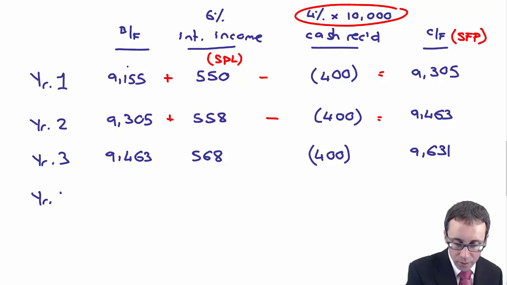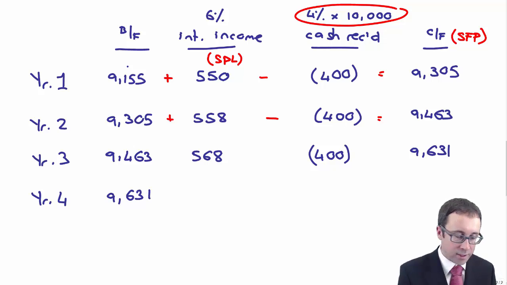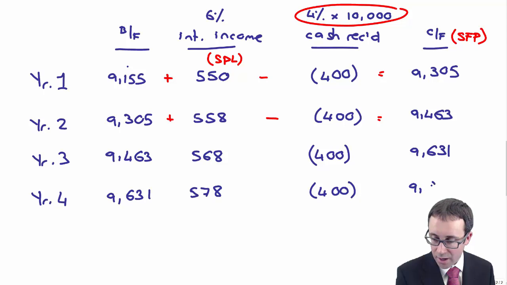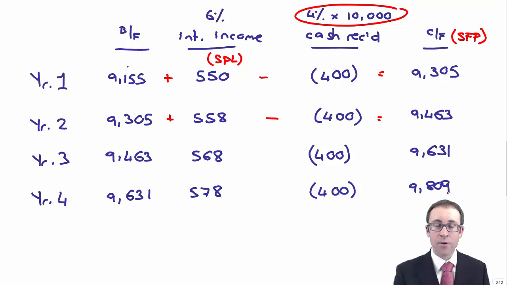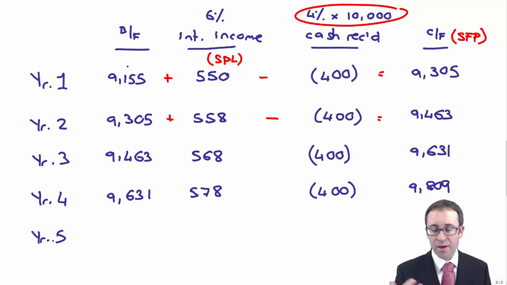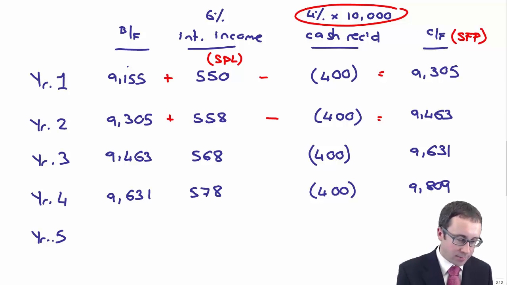Year 4, what have we got? 9,631. 6% of that is 578. Deduct 400 gives me 9,809. So as you can see, every year the asset is steadily increasing and getting closer and closer to 10,000.